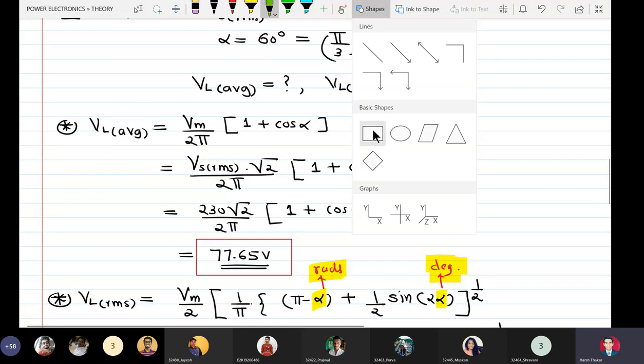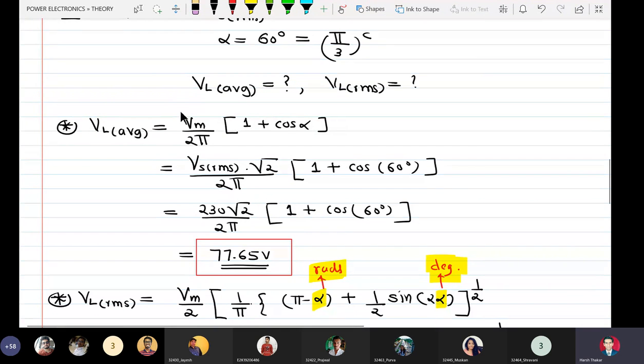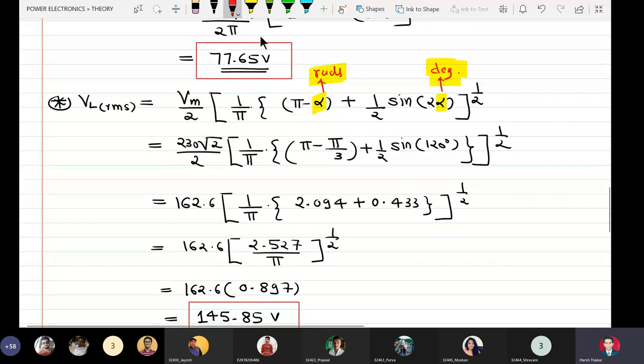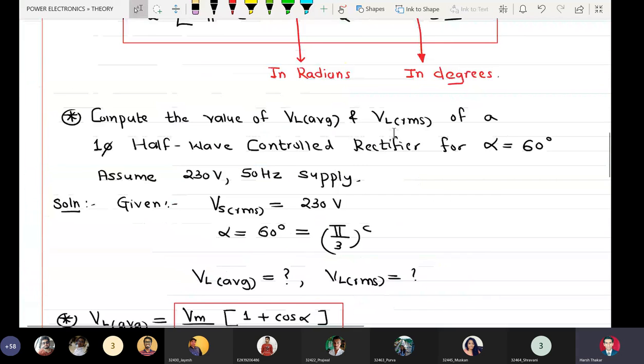So if somebody asks what will be the formulas if my system upgrades to a full wave control rectifier, then it is very easy to find out. This formula is modified and also this formula is modified. Okay, like this.